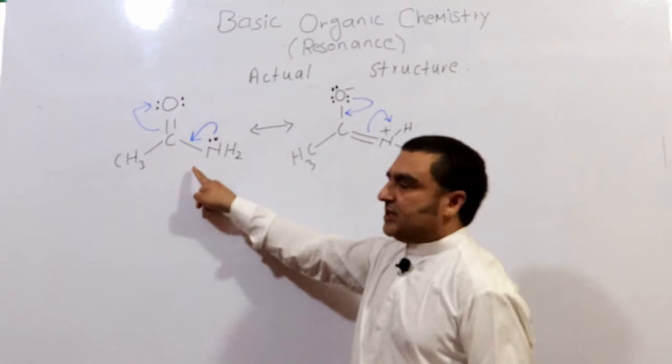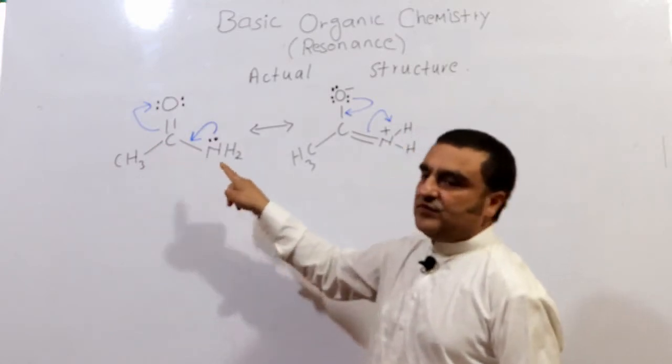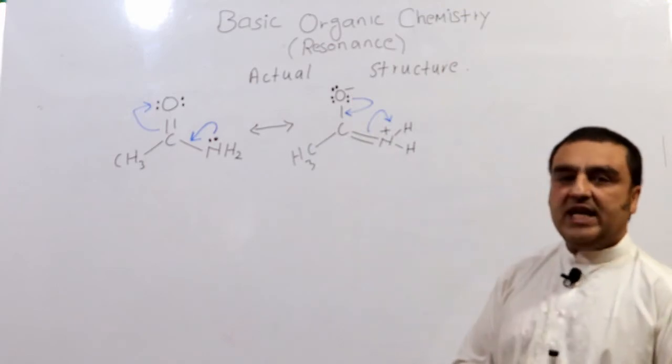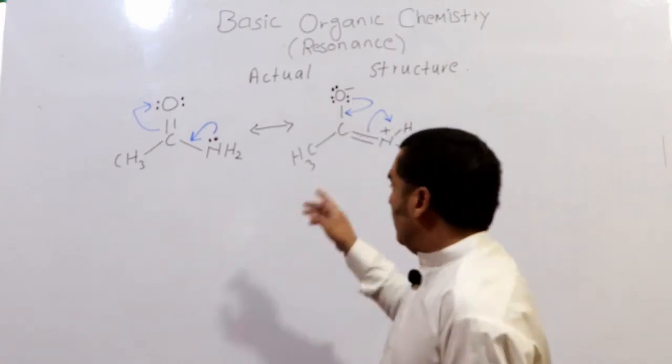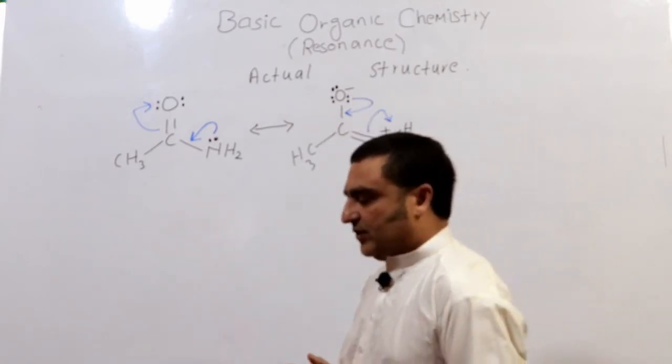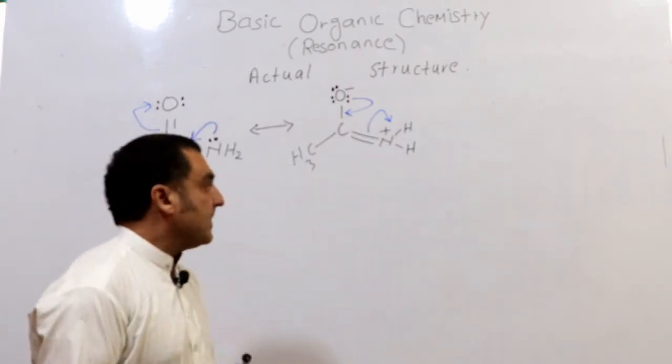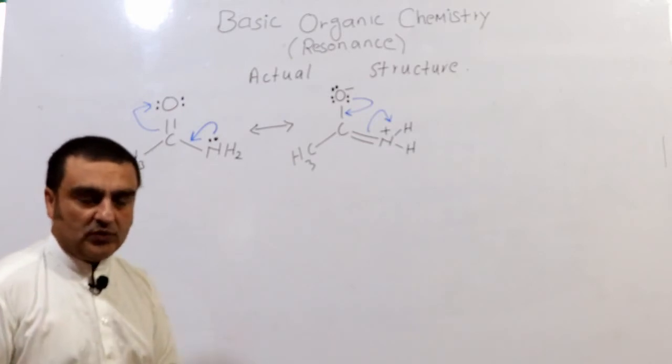In this molecule the net charge is 0 because all the atoms have 0 charge, and here nitrogen has a positive and the oxygen has a negative charge, so one positive and one negative become 0, cancelling each other. So how would the actual structure look?